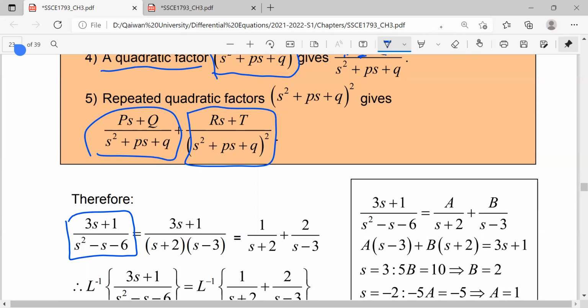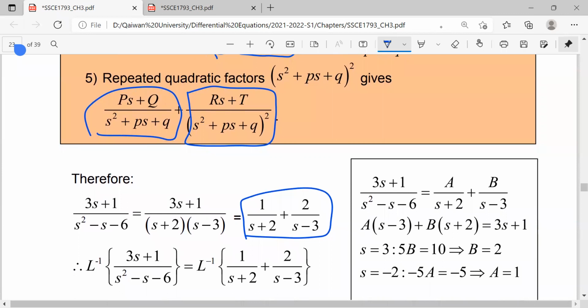So in this case, we must use partial fractions. After using the partial fraction, we get this one, and it's similar to exponential functions' Laplace transforms. So now we are trying to find the partial fractions for this function.